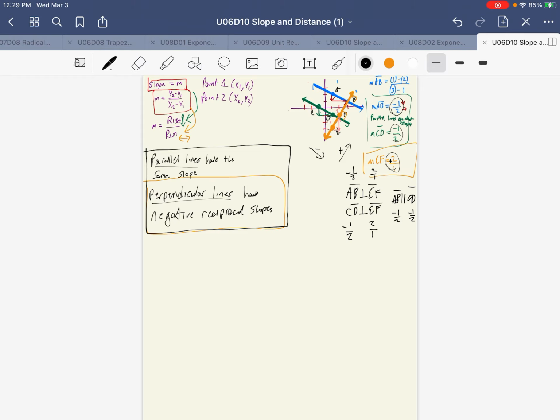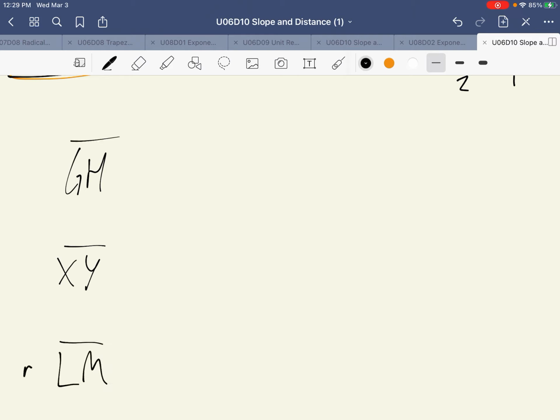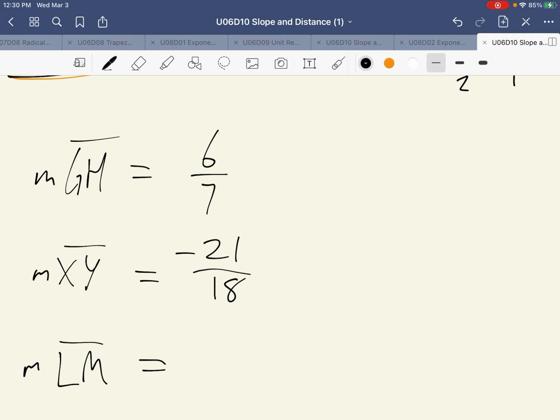And I'm just going to ask you a question given a couple of fake slopes. So if I gave you a line GH, XY, and LM, and I told you their slopes, and the slope of GH was 6 over 7, the slope of XY was negative 21 over 18, and the slope of LM was 36 over 42.